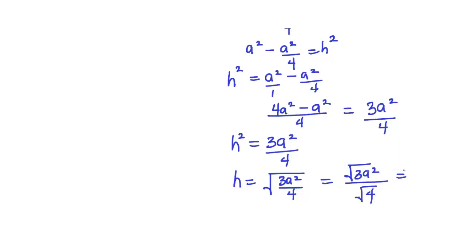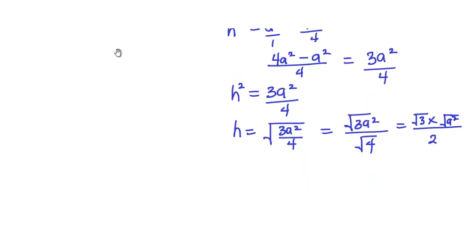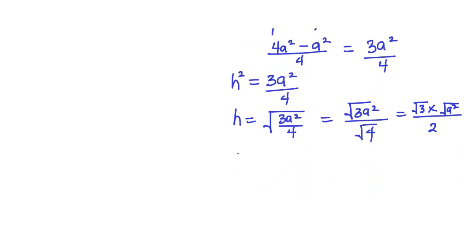This is also square root of 3 times square root of A square, over square root of 4, which is 2. The square root cancels the square, so we only have A left here. So H is equal to A root 3 divided by 2. That is the height.